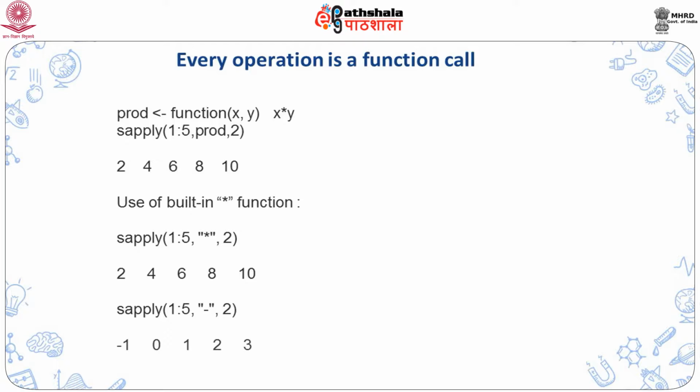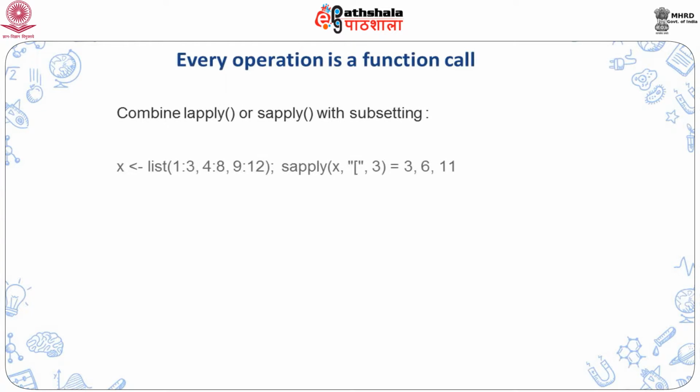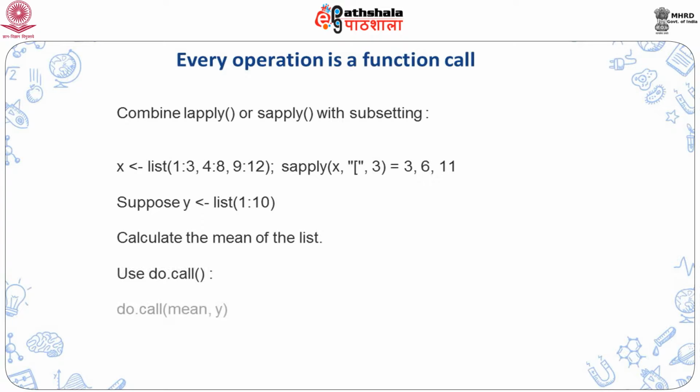So, this will give you the output which is given here. So, basically we are using this built-in function instead of the function that we have specified, but we can use both as we have seen here.